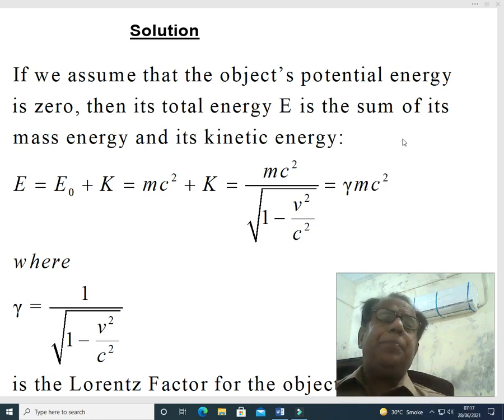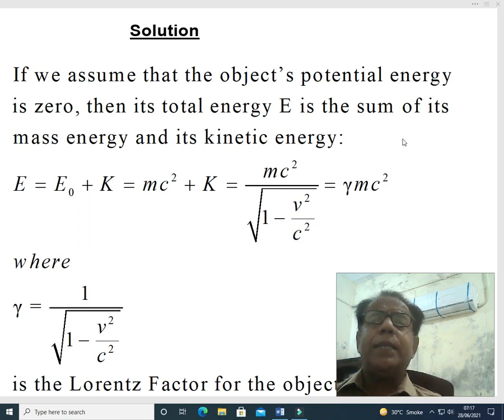That is to say, E is equal to E naught plus K, where E is total energy, E naught is mass energy, and K is kinetic energy. Sometimes we also call mass energy the rest mass energy.